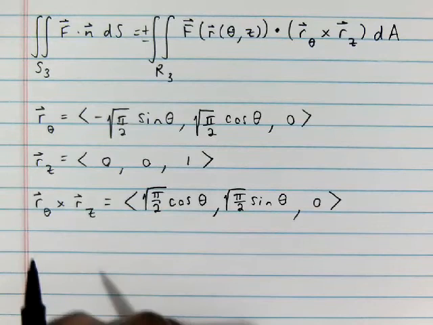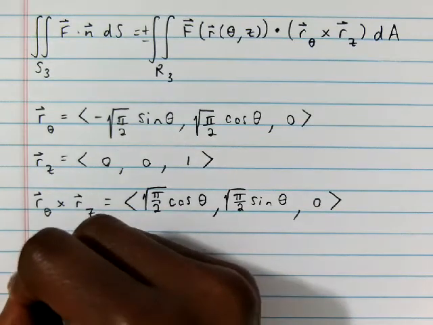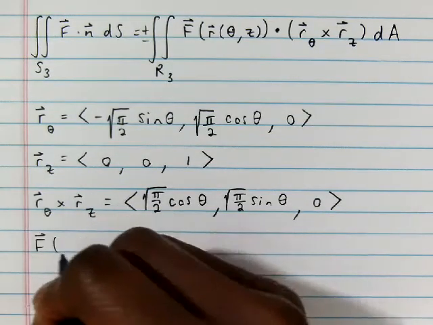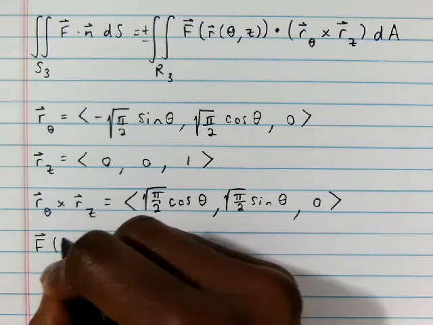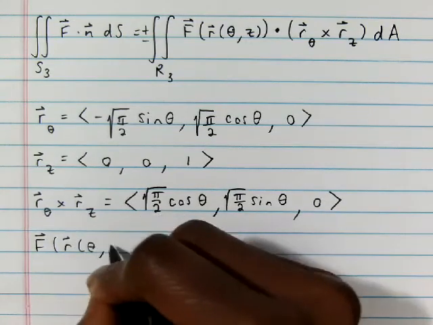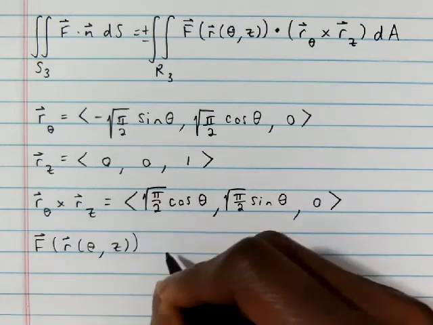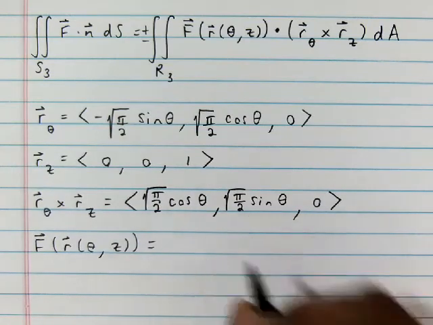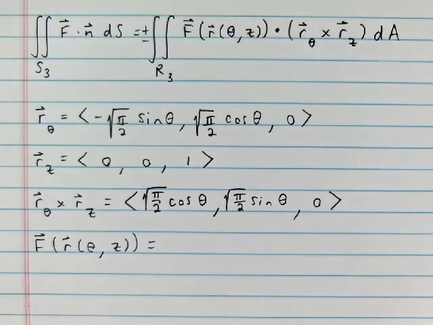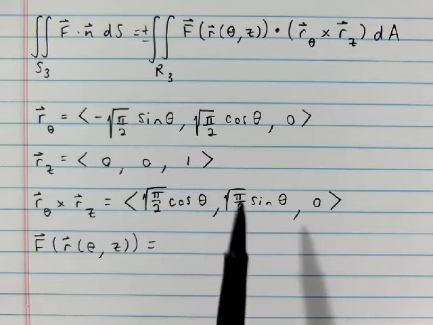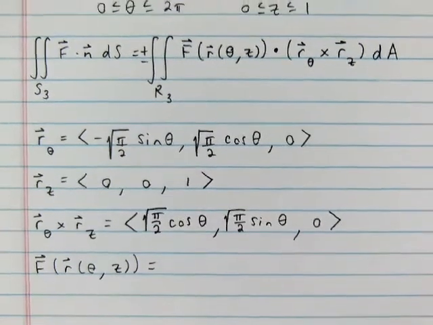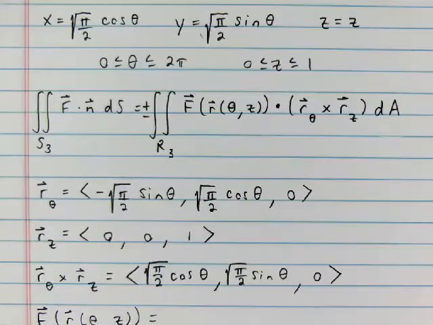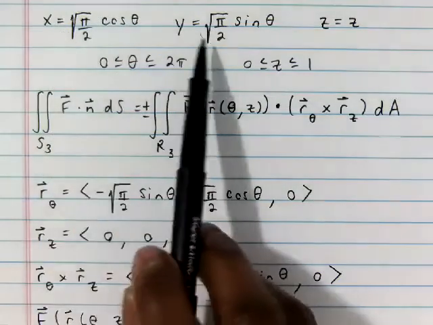All right, so now let's put together f of r of theta, z. So our vector field was the i component, or our m as we call it, is sine of x squared plus y squared.